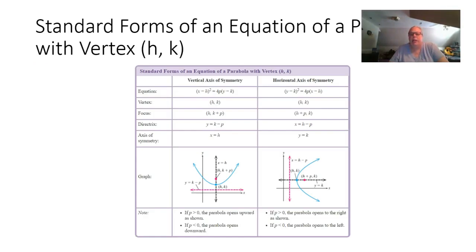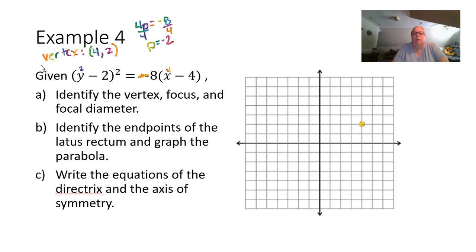We figured out what our P is. The focus is the x coordinate plus P and then K. All right, so our focus is going to be our x coordinate plus P, and then we get to keep K. Now 4 plus -2, that's just going to give me 2, and then of course y was equal to 2.